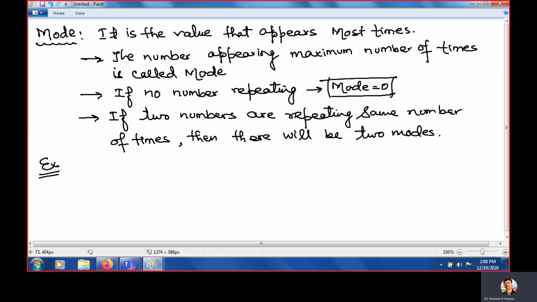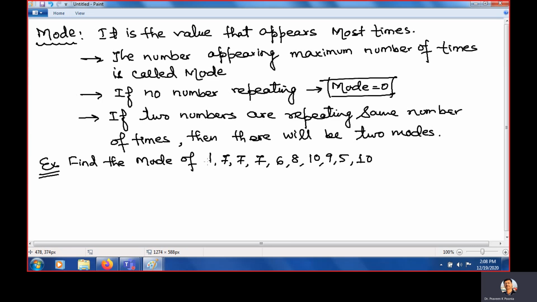Example, find the mode of 1, 7, 7, 7, 6, 8, 10, 9, 5, 10.